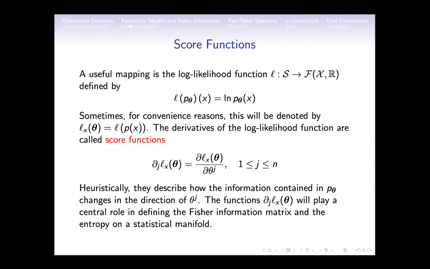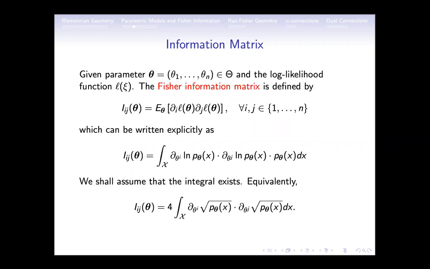These functions will play a very crucial role in defining the Fisher information matrix and so on. We'll see that. So what is a Fisher information matrix, and why are we doing all that? We are just trying to become familiar with basic parametric models and what we can do in them.